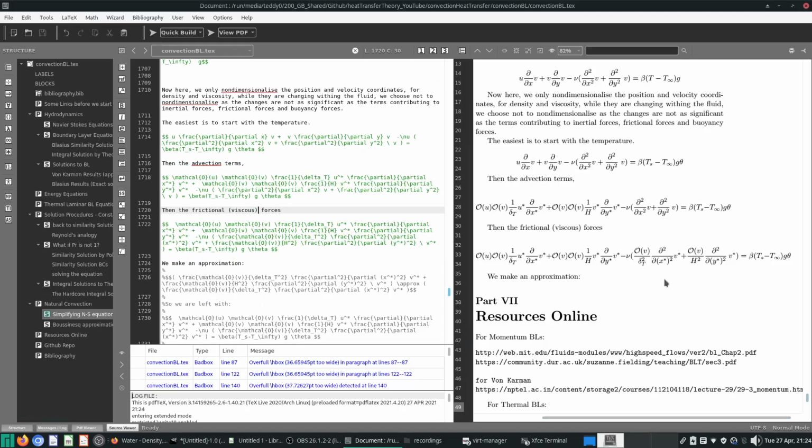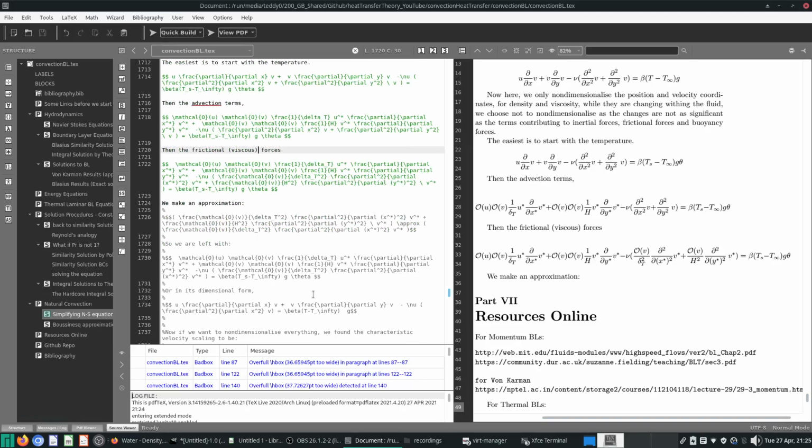However, immediately we can already see there's one approximation we can make. You see this term inside the viscous terms. We have order of magnitude of v divided by delta t squared, and order of magnitude of v divided by h squared. The rest of these two terms are non-dimensional and are order of magnitude 1. If we factorize this order of magnitude of v out, this term here will be much bigger than this term here, because h is much bigger than the thermal boundary layer thickness.